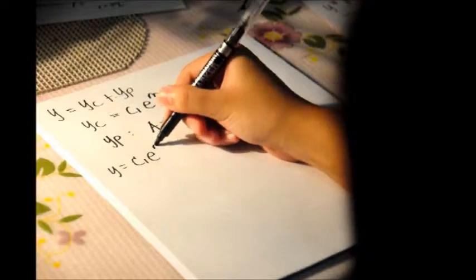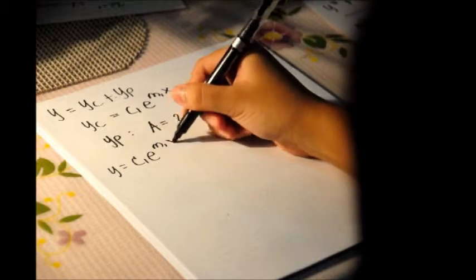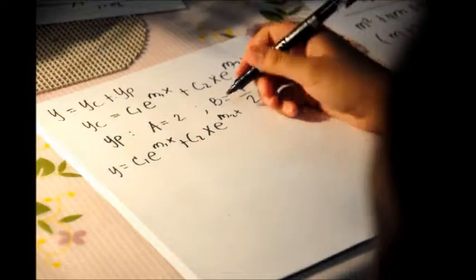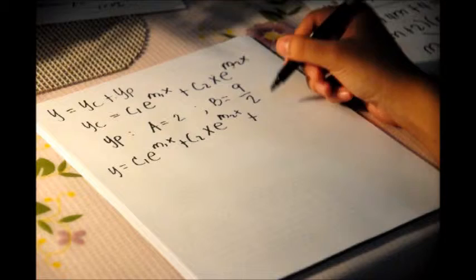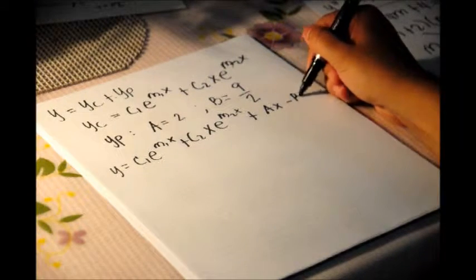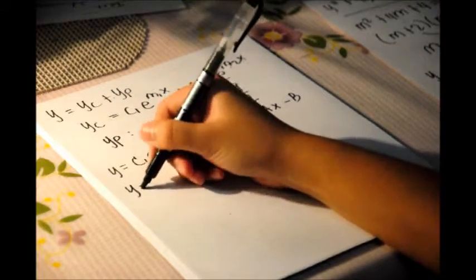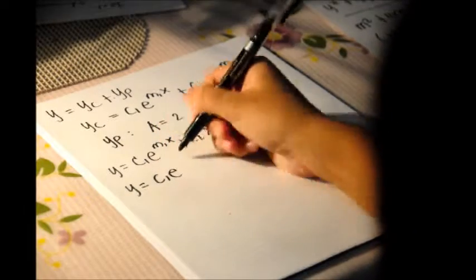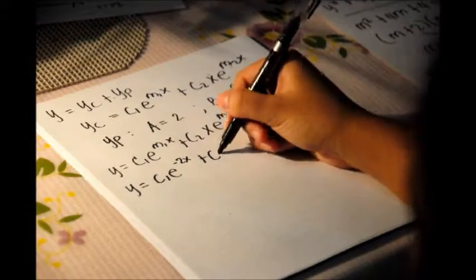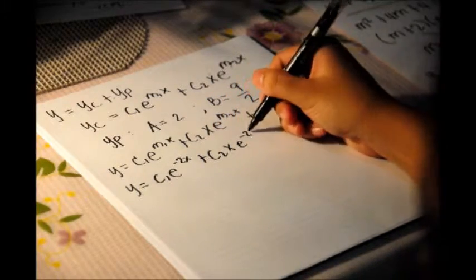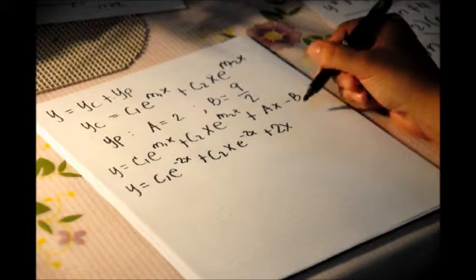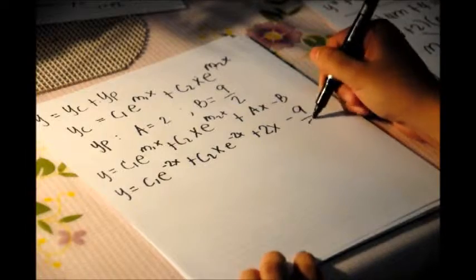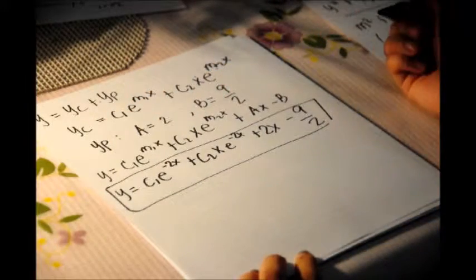So now we have y is equal to c1 e^(m1 x) plus c2 x e^(m2 x) plus AX minus B. So substituting these values that we have found early on, we have y is equal to c1 e to the negative 2x plus c2 x e to the negative 2x plus 2x minus 9/2. So this would be our working equation.